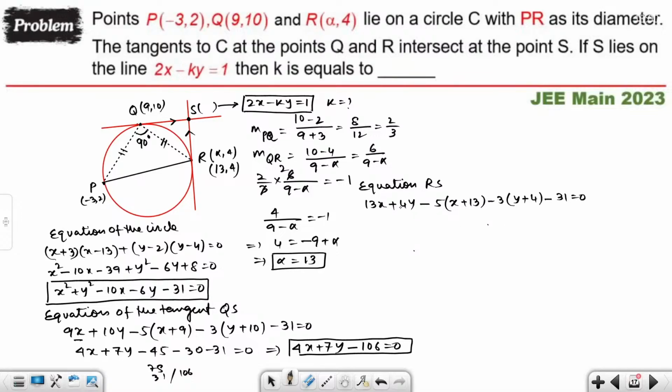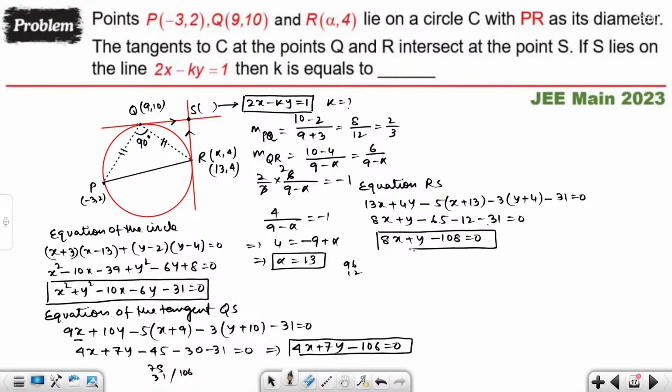So let me open the brackets. So we are getting 8x plus y minus 65 minus 12 minus 31. So it's basically 8x plus y, and this is coming to 65 plus 31, that is 96, and 96 plus 12, so 108, which equals 0. Okay.